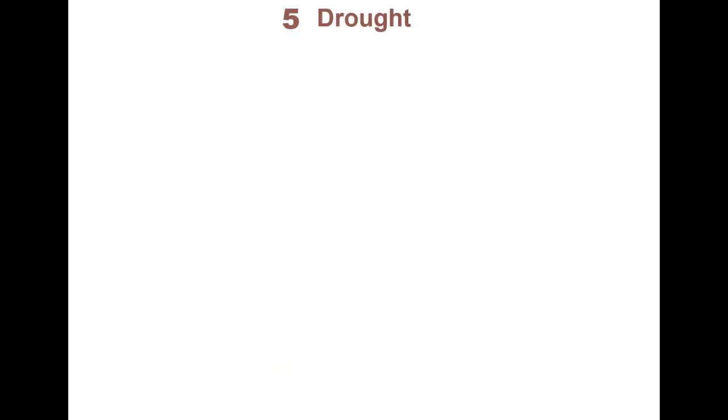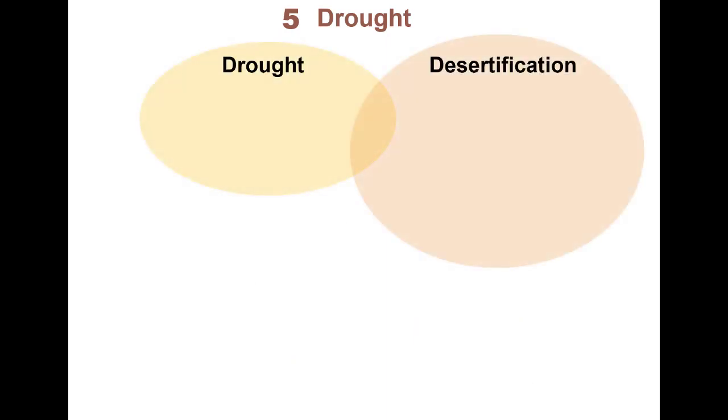Drought and desertification are closely related phenomena. Persisting over months or years, drought can affect large areas and may have serious environmental, social, and economic impacts.